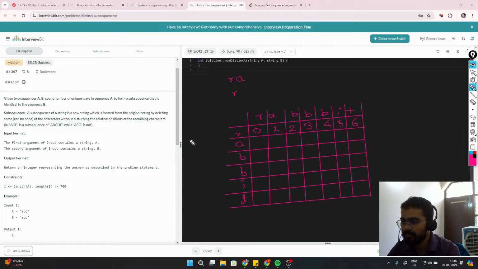If we have RA and we have R here, then we'll have to add one. We cannot remove any.